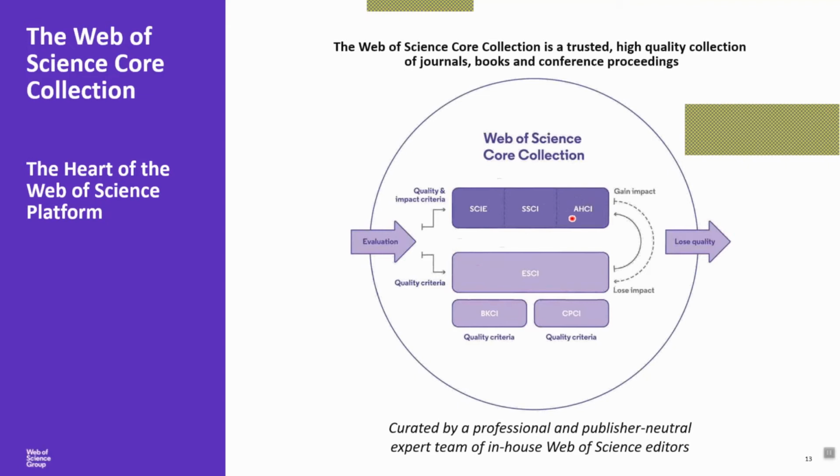And if you're looking for journals that are in Q1 to Q4 of ISI, what you're looking for is SCIE, the Science Citation Index, and the Social Science Citation Index. So that's the main difference.